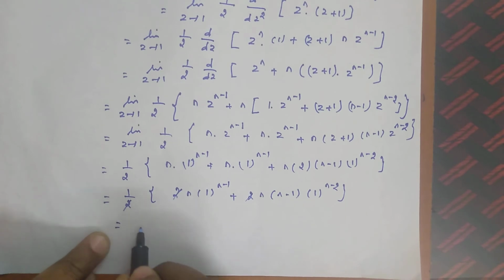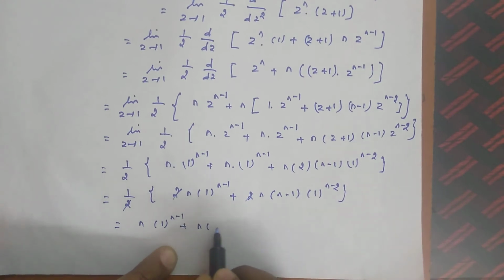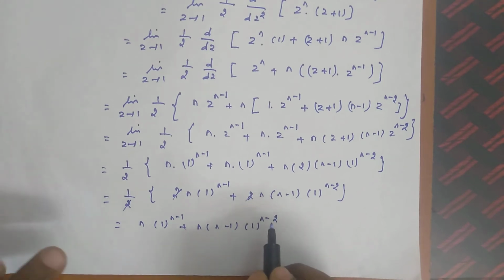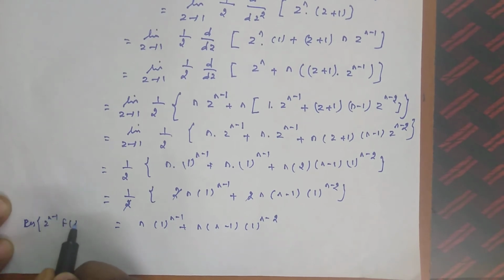So what is the remaining? n into 1 power n minus 1 plus n into n minus 1 into 1 power n minus 2. So what is our left hand side? Left hand side is the residue of z power n minus 1 f of z at the point z equal to 1.